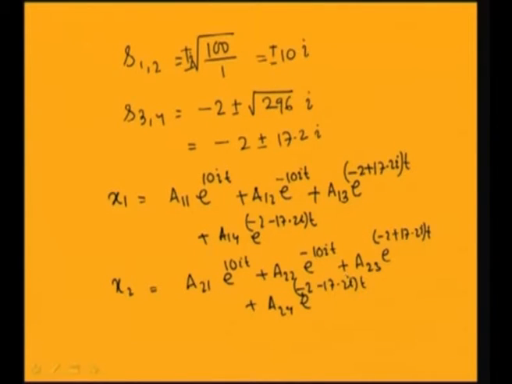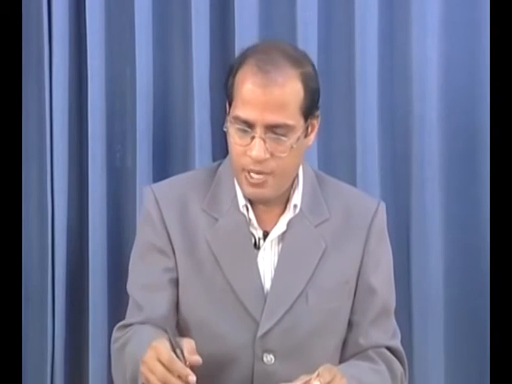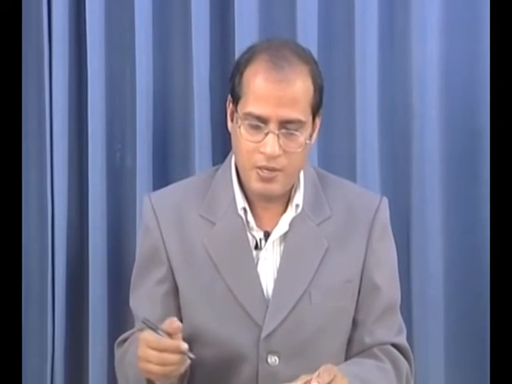Here you can observe that the system has 2 frequencies, one is 10 and the other is 17.2. So this 2 degrees of freedom system will have 2 frequencies. You obtain those 2 frequencies and can simplify these 2 expressions to write x1 and x2.